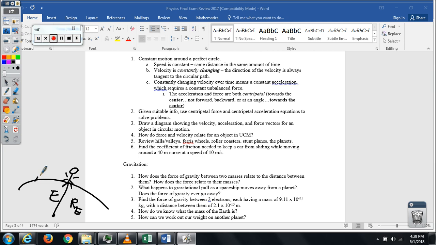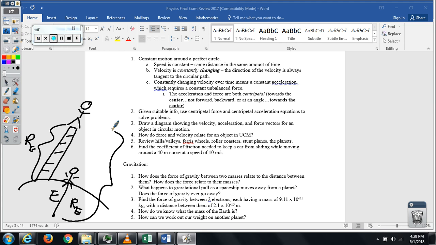If I were to stand on a ladder that is pointing away from the Earth, and this is also equal to the radius of the Earth, that means I've doubled the radius. This is now twice the radius of the Earth. So what happens to my weight? So here my weight was Fg.